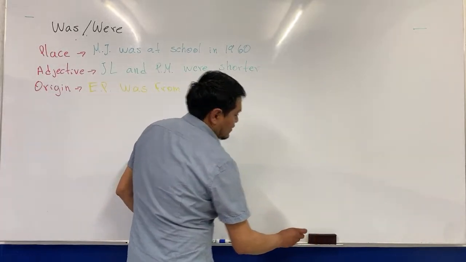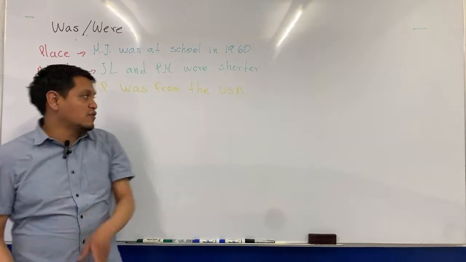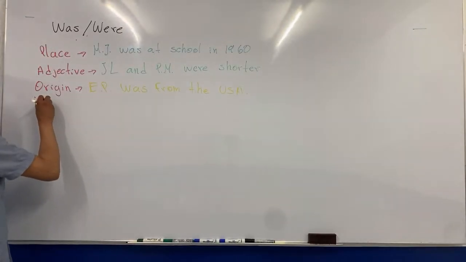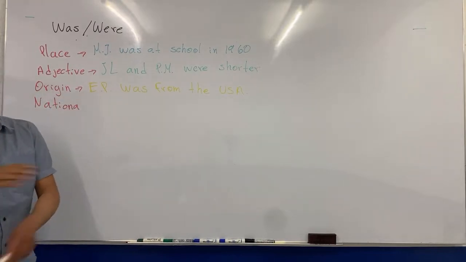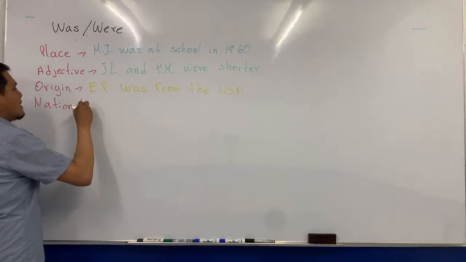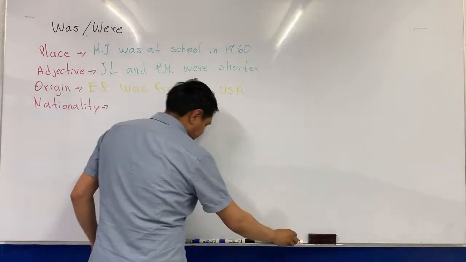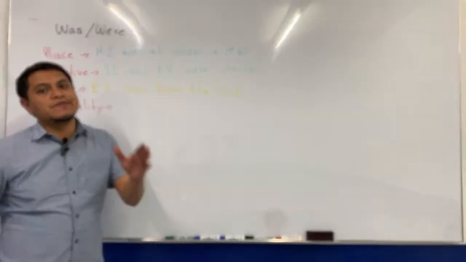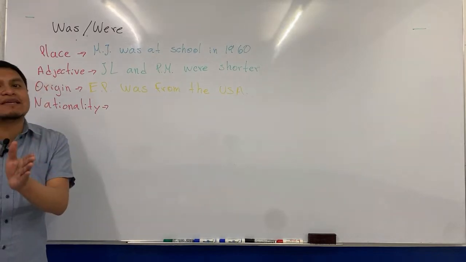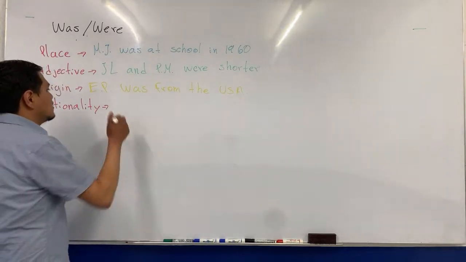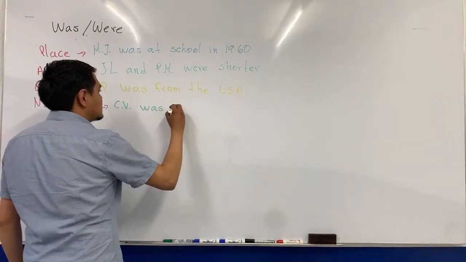Now, nationality, right? For example, with nationality, maybe Consuelo Vasquez was Mexican. Consuelo Vasquez was Mexican.